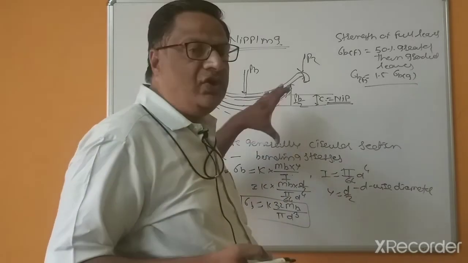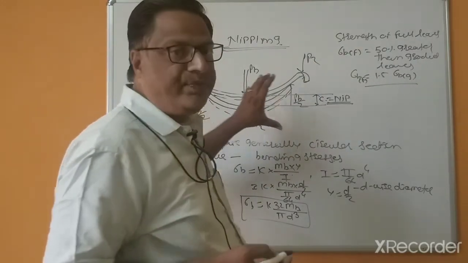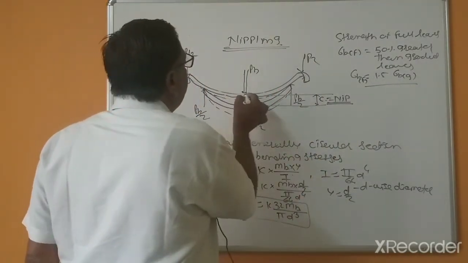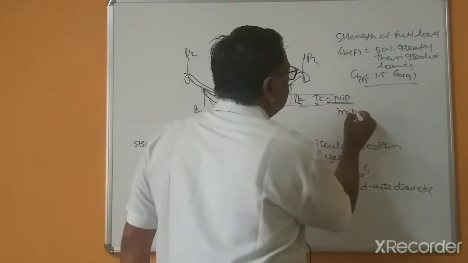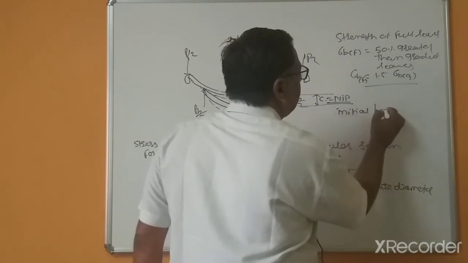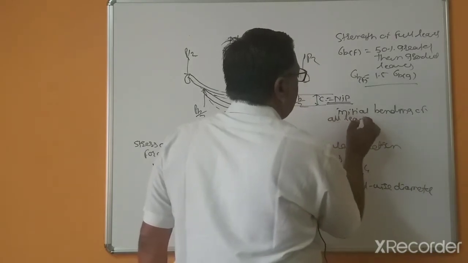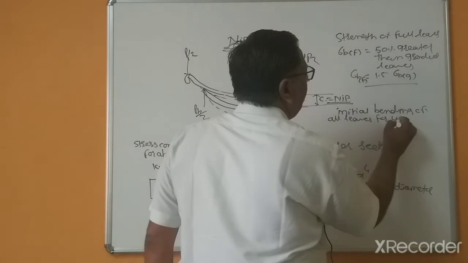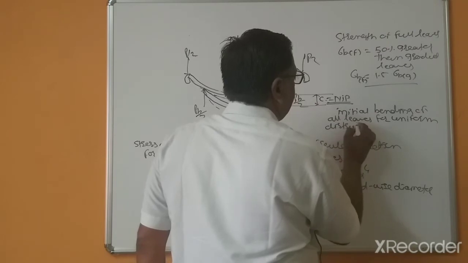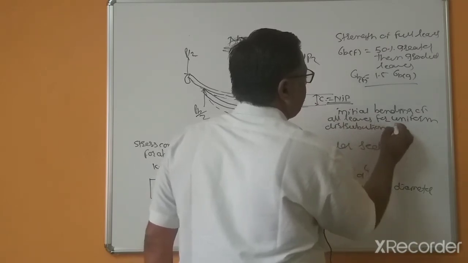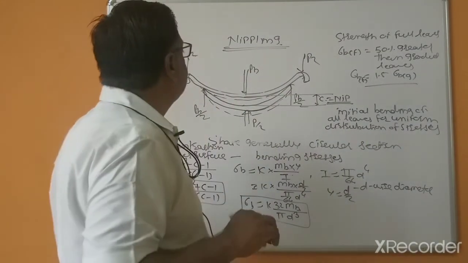Now, for uniform distribution of stresses in all leaves, there is initial bending of the leaves. So this process is called nipping, because this is the nip.